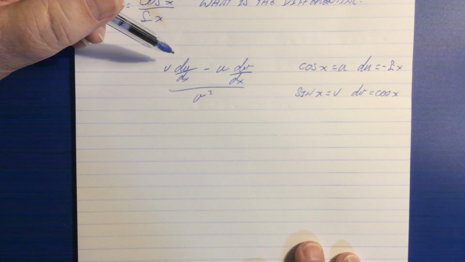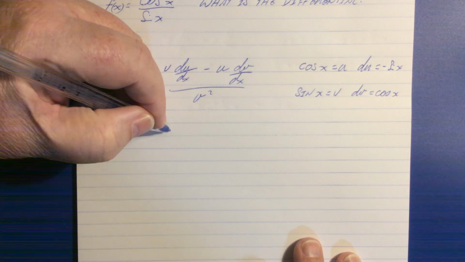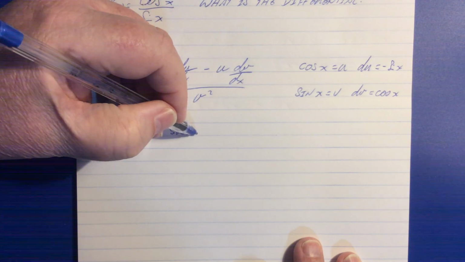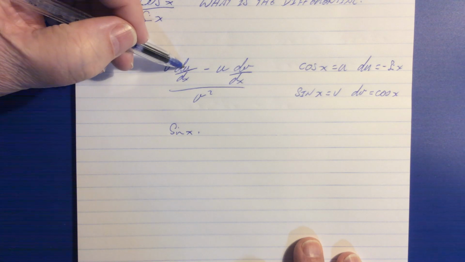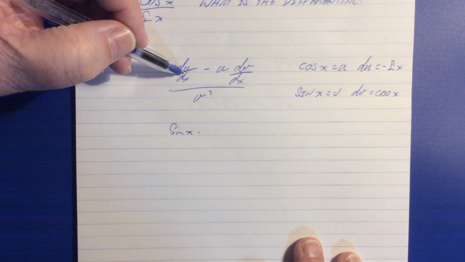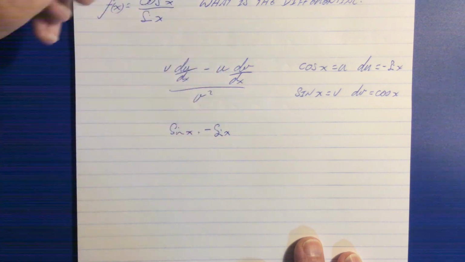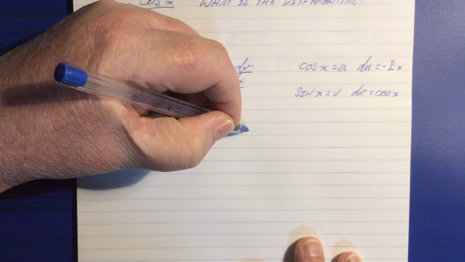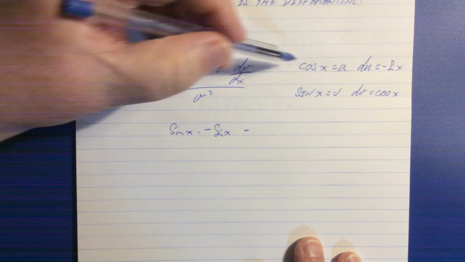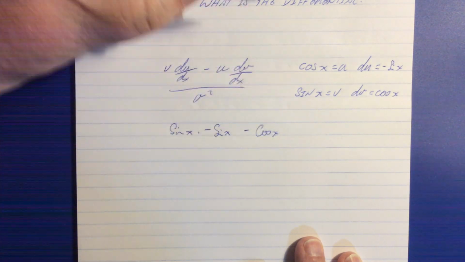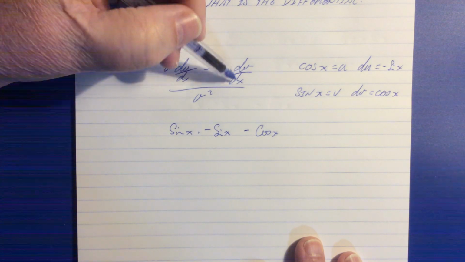Okay, so let's start. Well, v is sine x, and we have to multiply that by du dx, which is negative sine x. And from that, we subtract u, which is the cosine of x, so that's cos x, times dv dx.